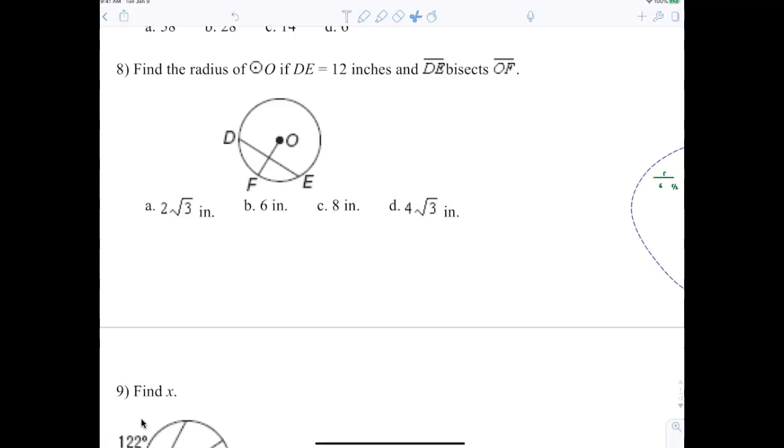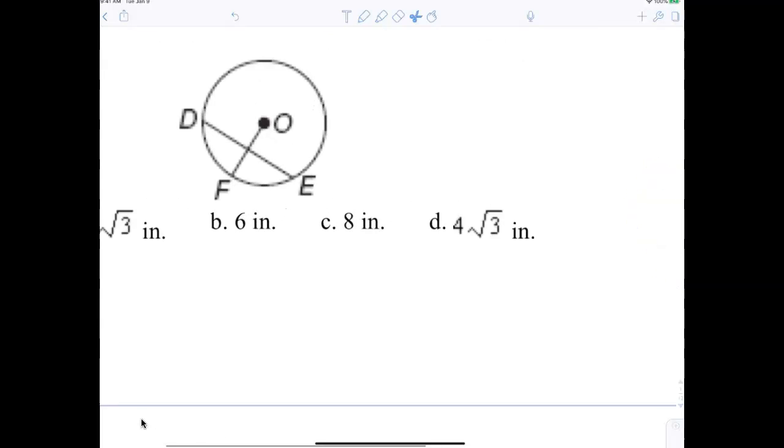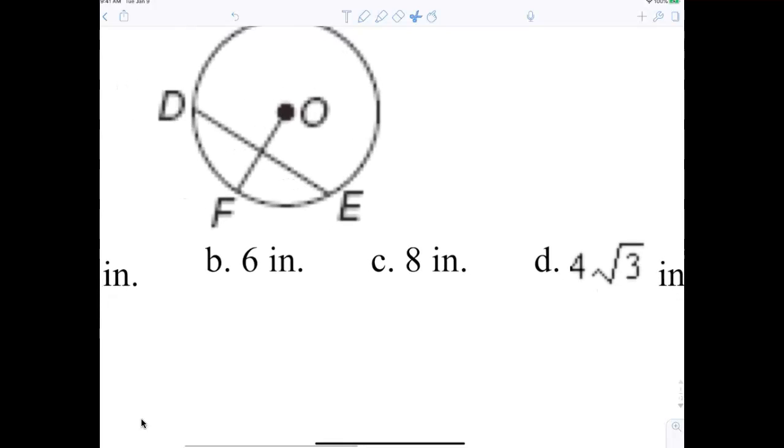The question is, OF is a what? Radius. So what you had to see was that DE bisects OF. That means, if I blow this up, from here to here is half of a radius. Does everybody agree with that?